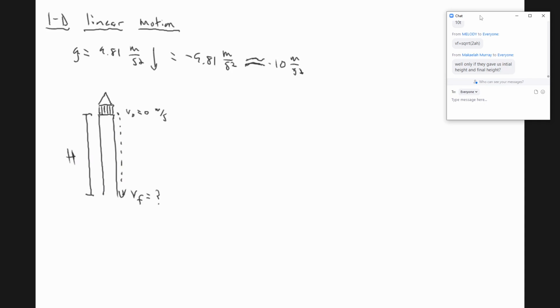They also give you initial velocity and you're assuming acceleration to be gravity. For those who are answering through private message, yeah, I've been replying back.